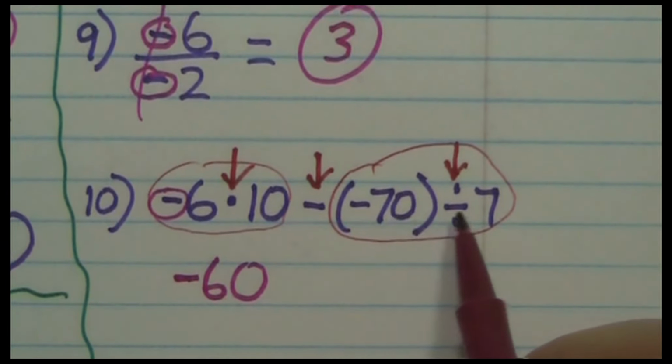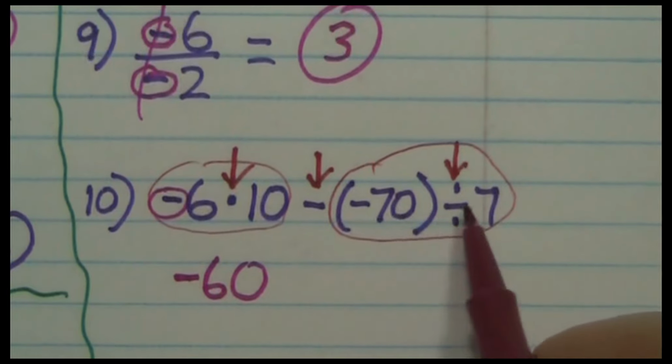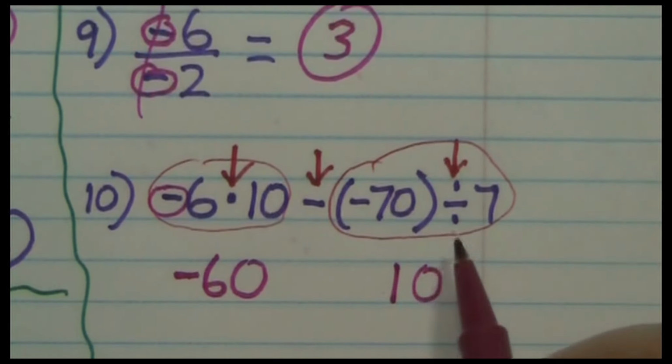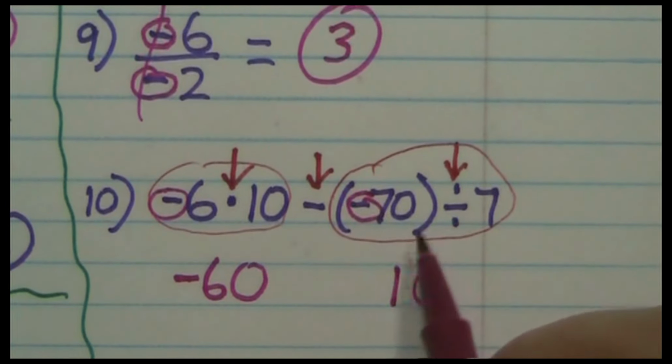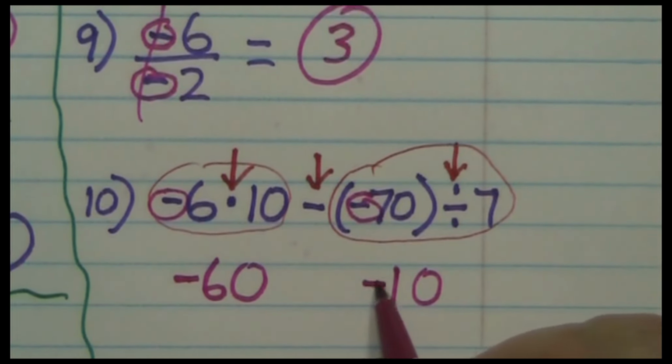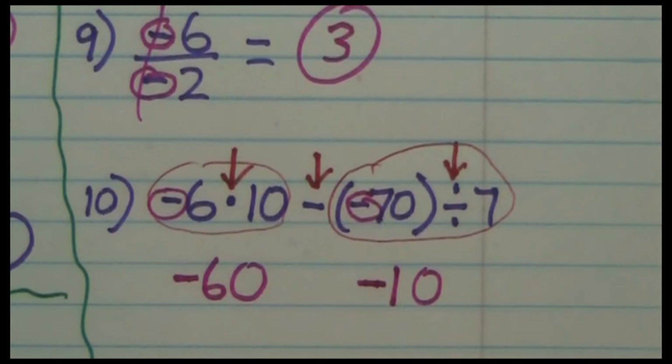So 70 divided by 7. 7 goes into 70 10 times. And there's one negative. One negative makes negative -70, right? So what I'm doing is subtracting that. I have negative 60 minus negative 10.